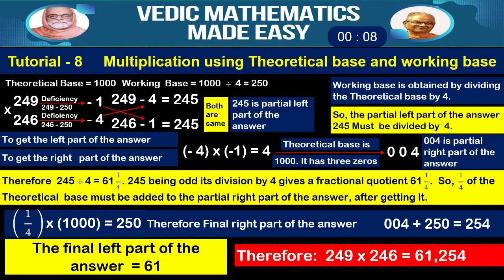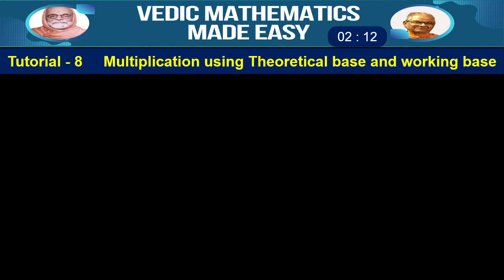Friends, if you do it mentally, I am sure you will get the answer within few seconds. Friends, now you know the procedure clearly. Therefore, I would like to explain the process of mental thinking in short.